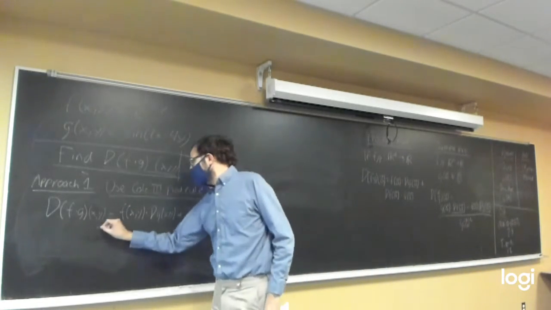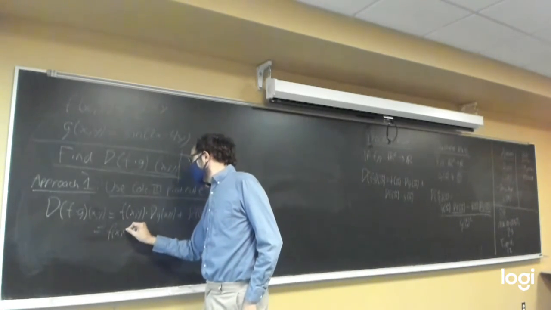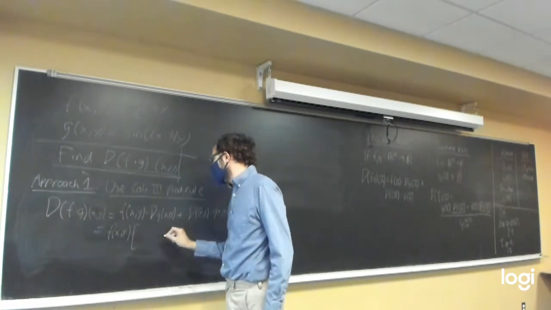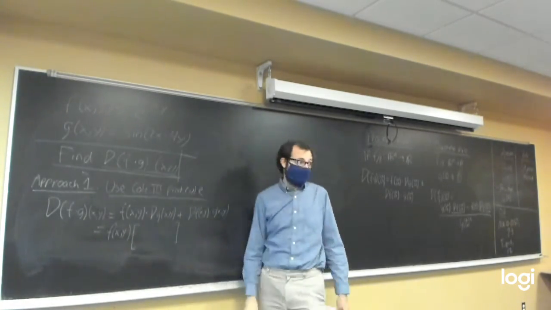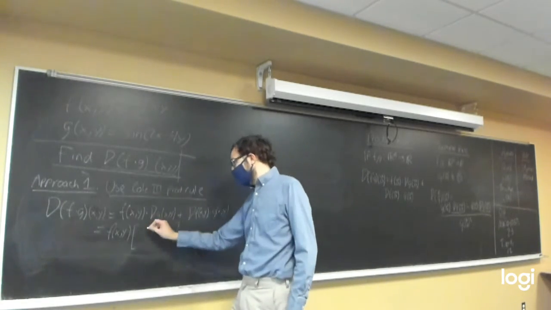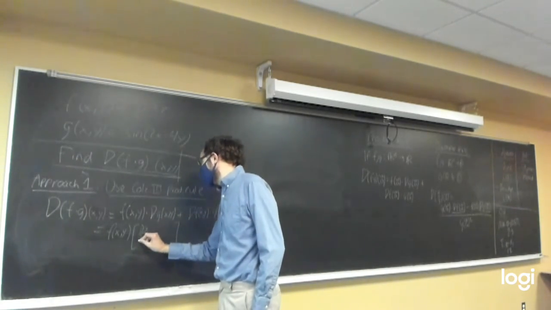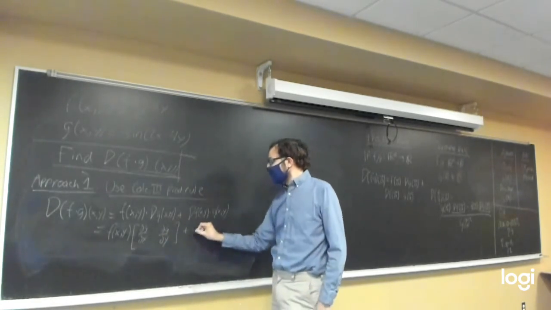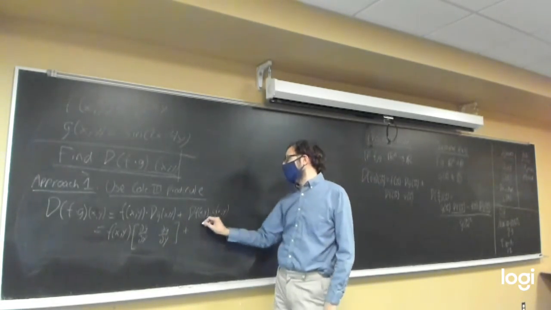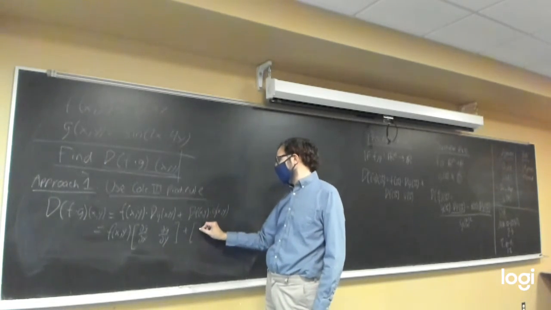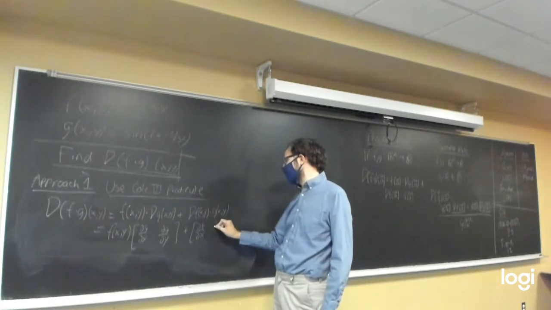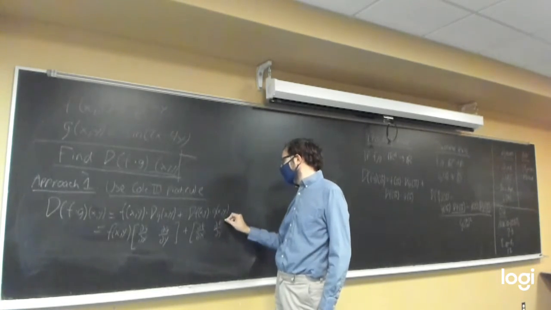Using what we know about derivatives, the derivative of g of xy is going to be a matrix with 1 row, 2 columns, whose entries are del g del x and del g del y. And similarly, the derivative of f is just going to be a 1 by 2 matrix whose entries are del f del x and del f del y.